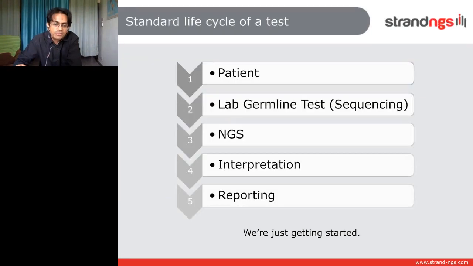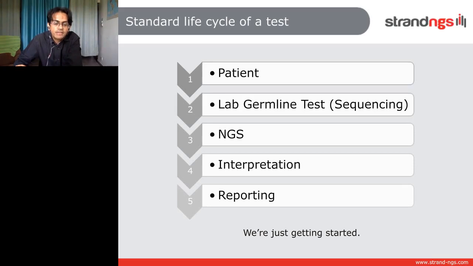Because you start with the patient, and then you go on to the germline test itself, which you just saw, and you have to do sequencing for that test, DNA sequencing. And then you actually have to do some kind of NGS where you look at the sequenced data with software and interpretation.